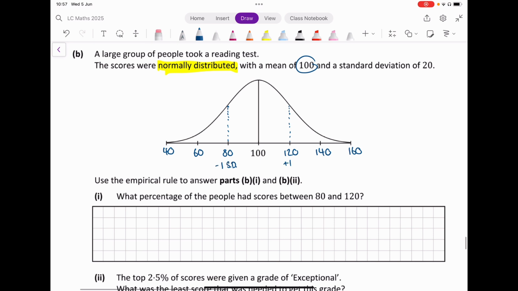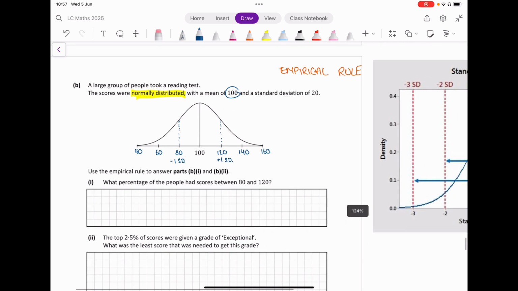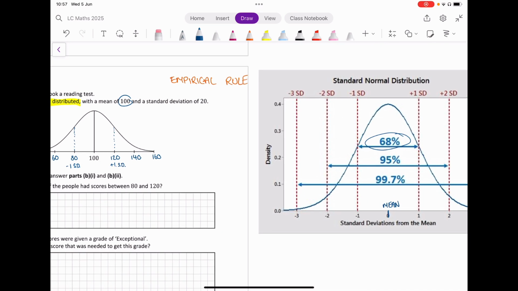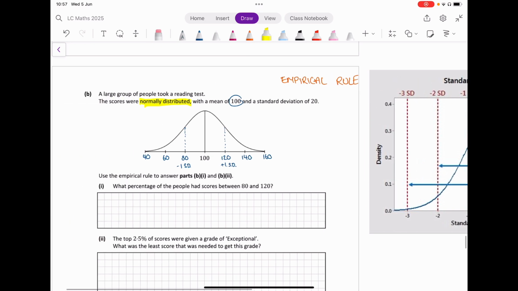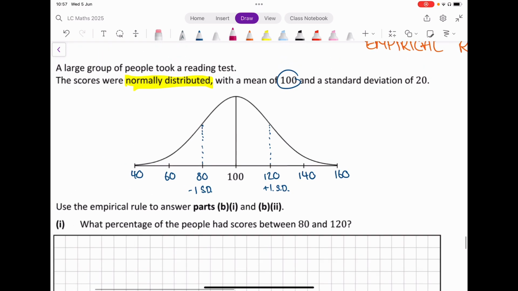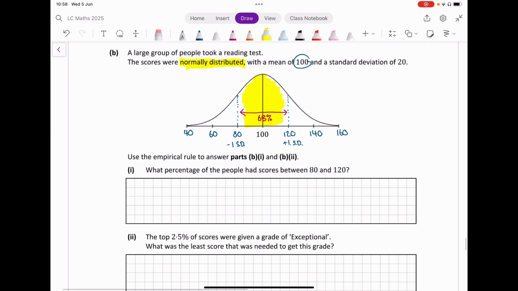This here is +1 standard deviation. And if we look at the empirical rule over here, we can see that 68% of people lie within that area, from here to here. So my answer is just 68%, and that's it.